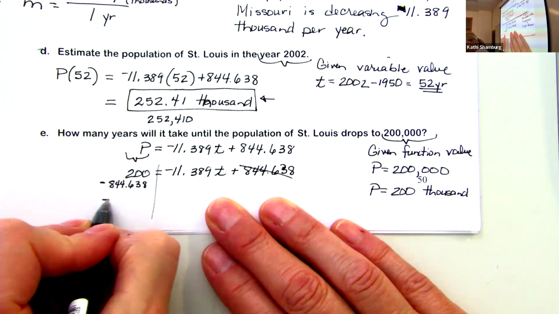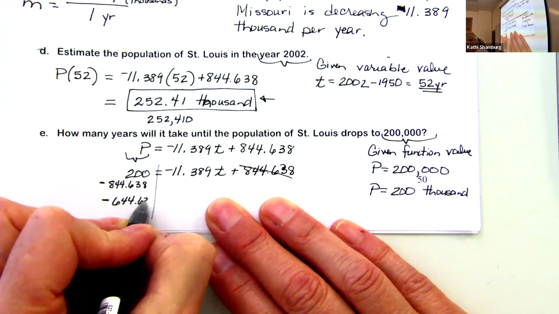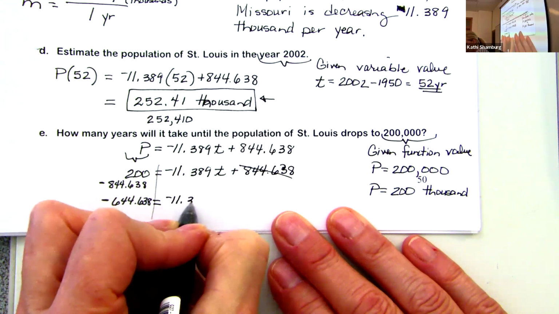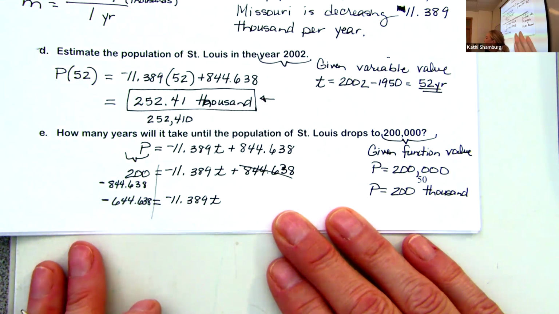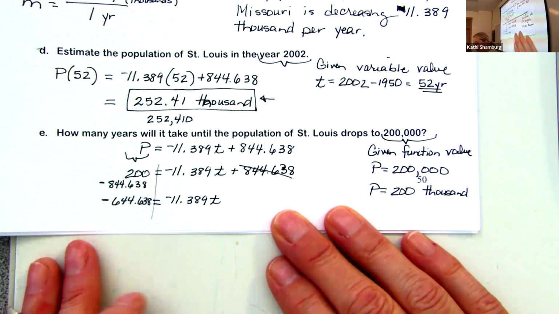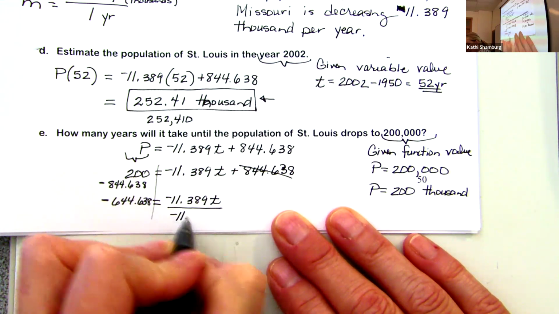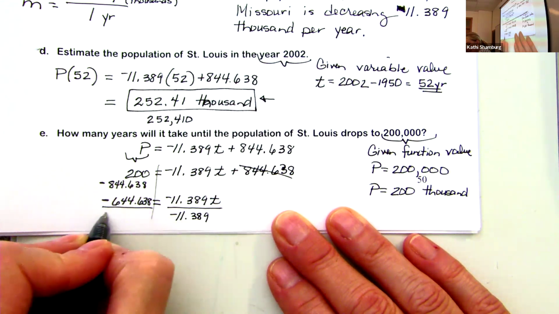Which gives me negative 644.638 equals negative 11.389 T. And now to undo that multiplication, we divide. So we're going to divide by a negative 11.389 on both sides.